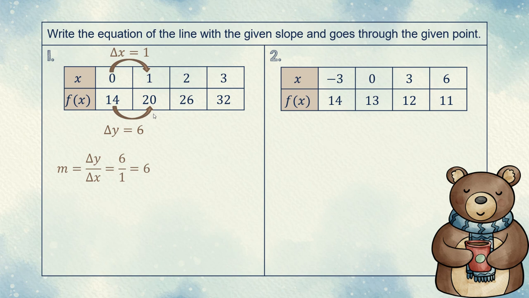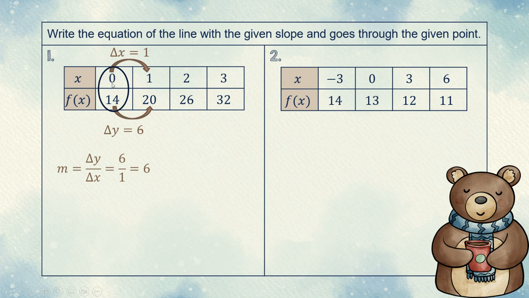So if that's our slope, now all we're missing for an equation is our y-intercept. Our y-intercept, if we recall, is where my x value is 0. We're used to seeing it on a graph where the line crosses the y-axis. Well, on that whole y-axis, my x value is 0.